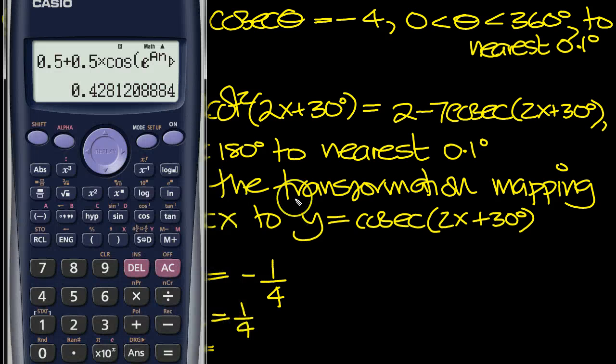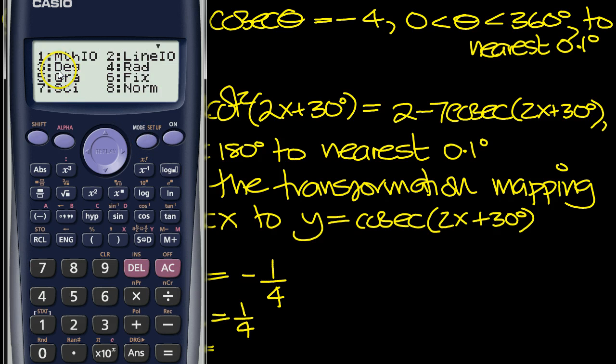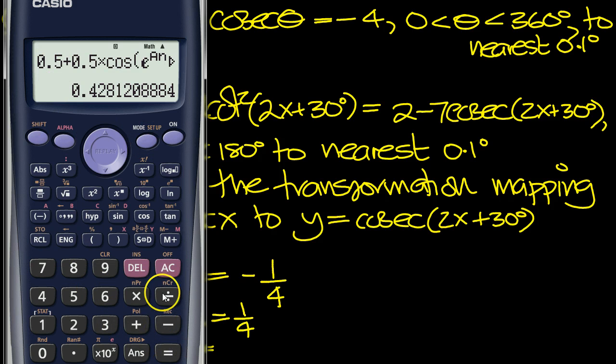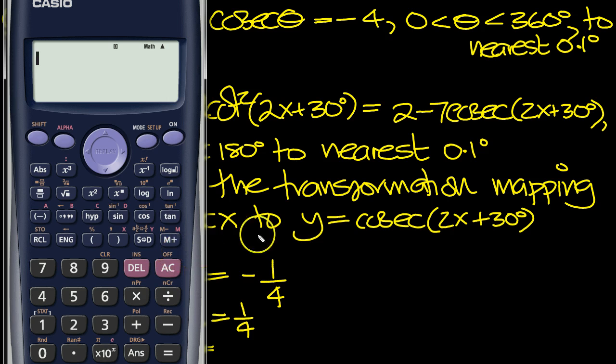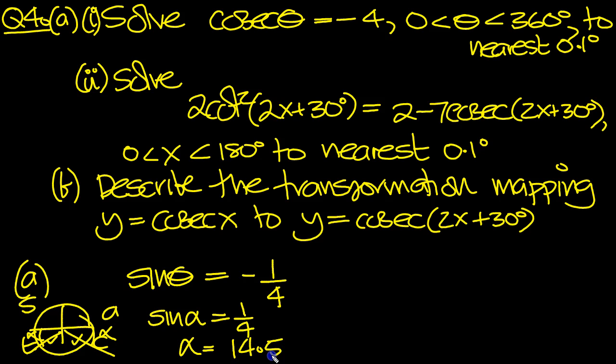We need to be in degrees mode. So shift sine, inverse sine of 0.25 equals 14.5 degrees to the nearest 0.1 degree. Okay, so that's alpha, so we can read off theta.